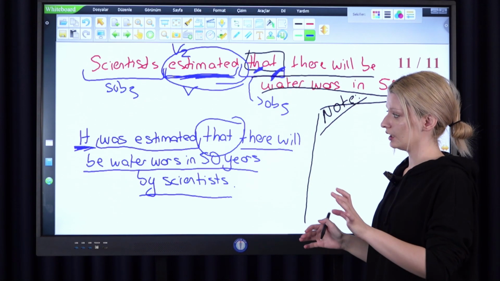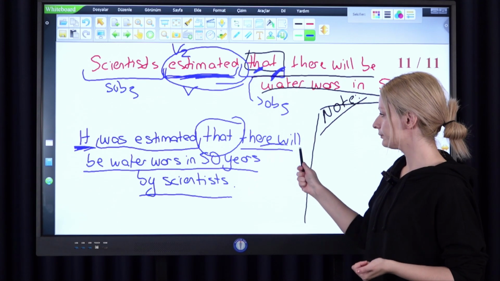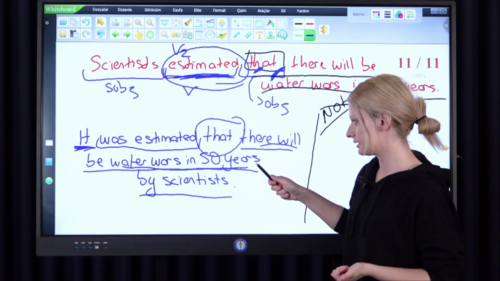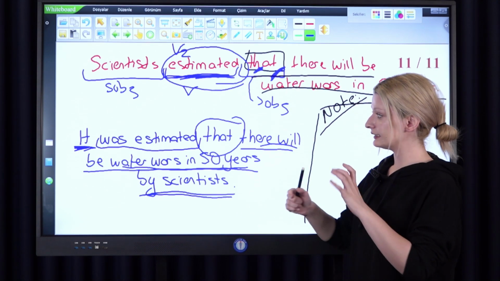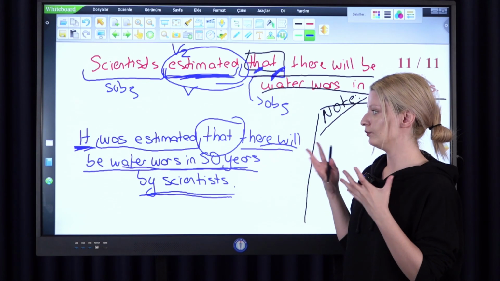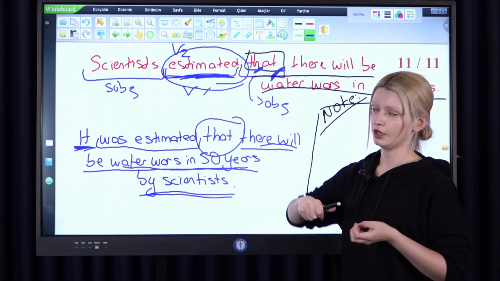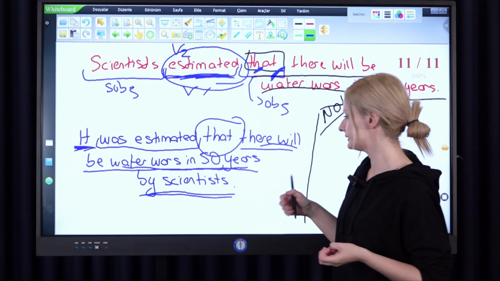We don't change the tense in the object sentence because this is not our concern. Our main concern is to form our actual verb in the sentence.